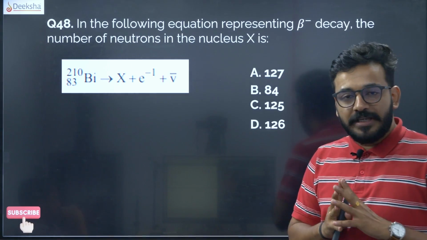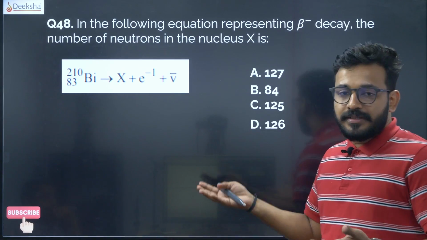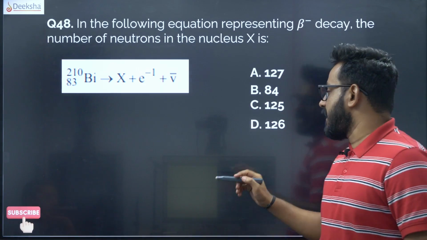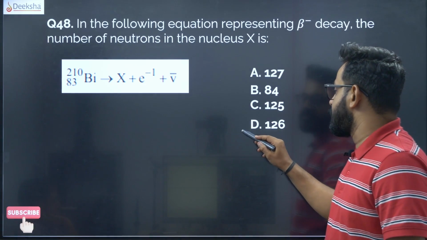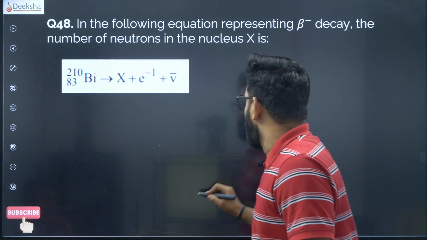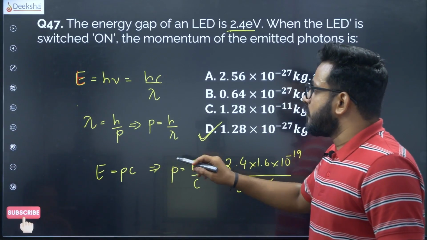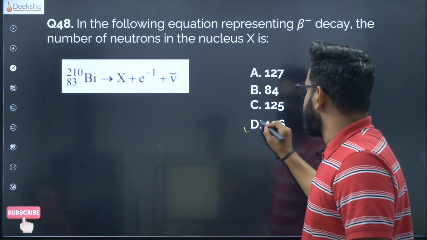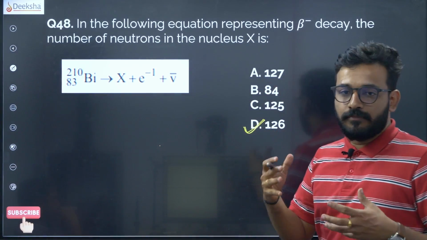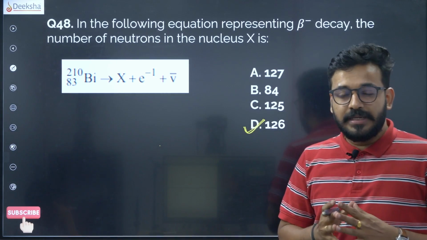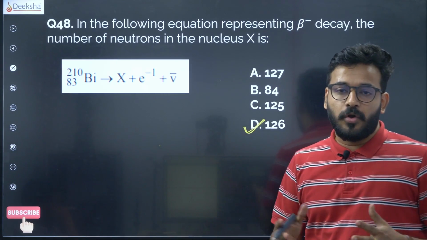So here the correct answer, that is how many neutrons will be left in X, is 126. Option D is the correct answer. This is not of that much importance because it's already under scrutiny by the curriculum team of KCET, so let's not have a deep discussion on it because it will consume a lot of time.